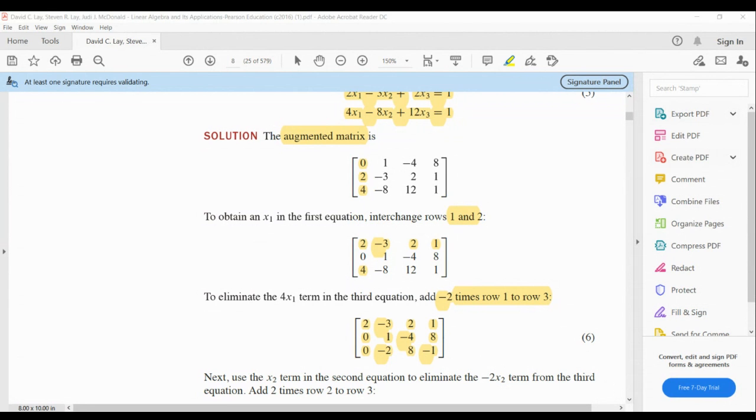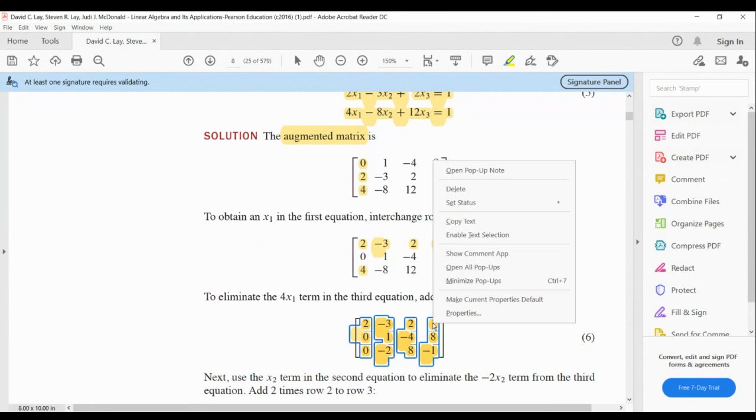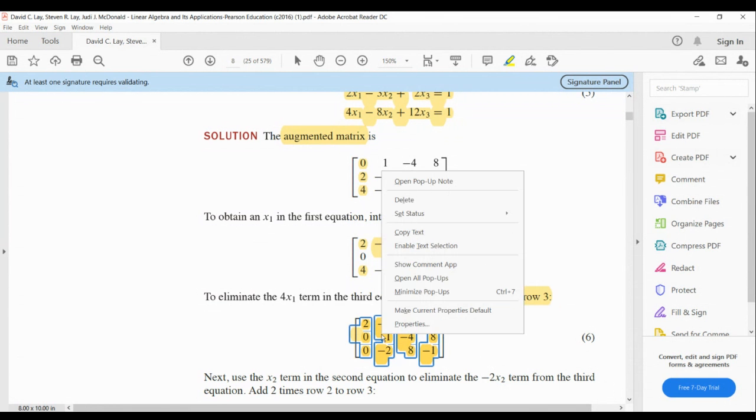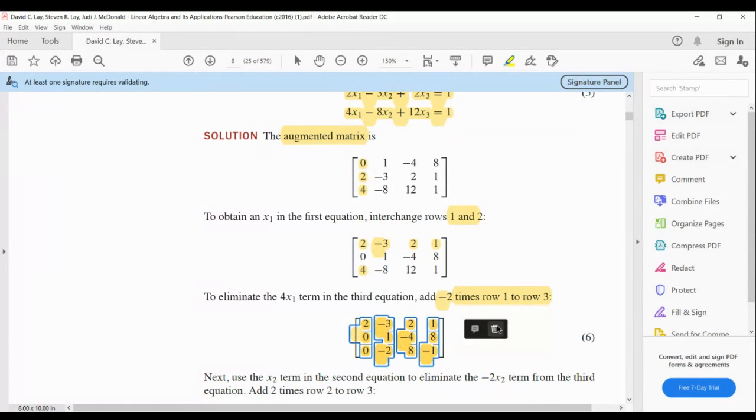Okay, all right. Well, now at this stage, we want the -2 to be 0.